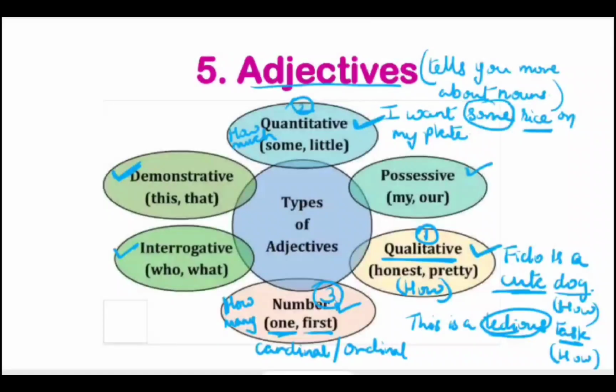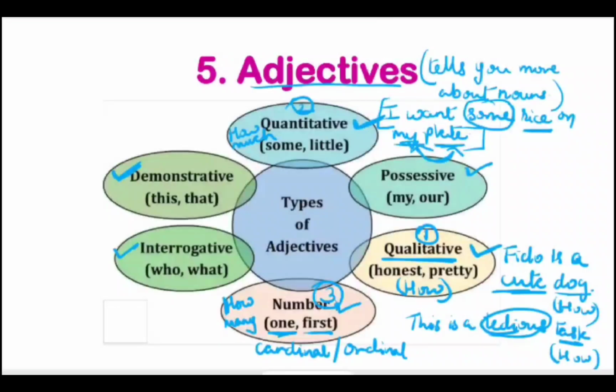Okay. Then coming to possessive adjectives, we've done a little about possessive adjectives in the previous topic of pronouns. So let's use this above example for a little elaboration again. I want some rice on my plate. Some is a quantitative adjective, but there is another noun here which is plate. And there is a possessive word in the sentence which is my, which is lying right next to the noun.